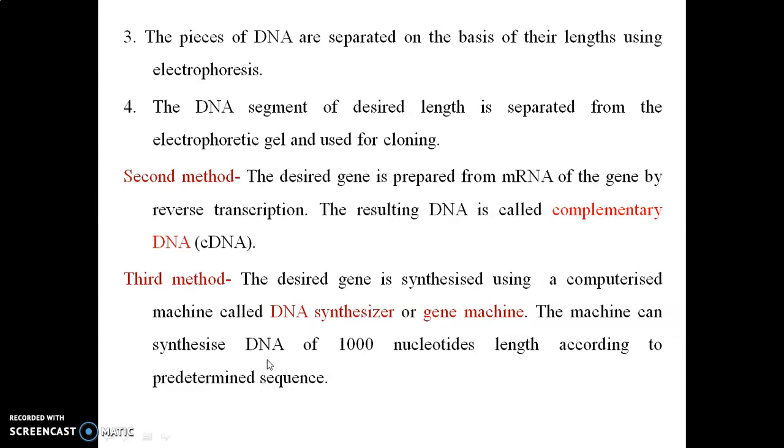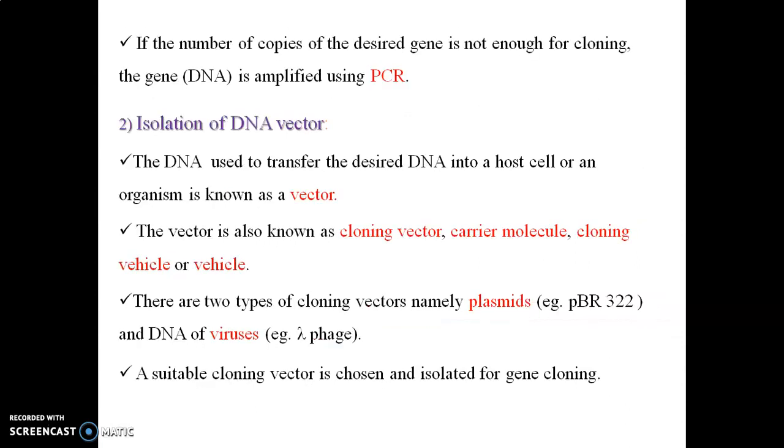The machine can synthesize DNA 1000 nucleotides in length according to a predetermined sequence. If the number of copies of the desired gene is not enough for cloning, the gene is amplified using polymerase chain reaction.